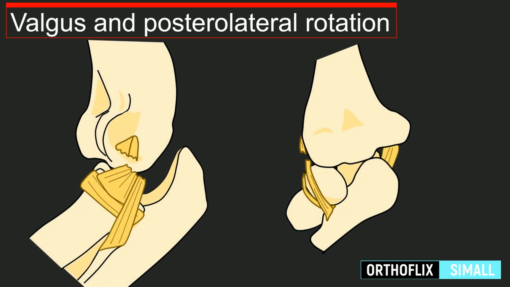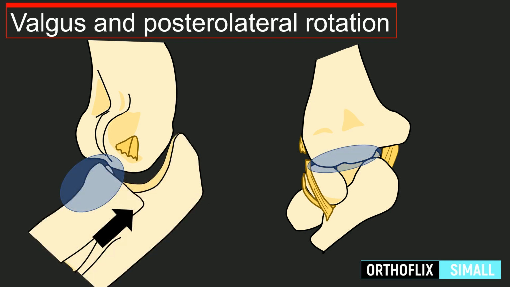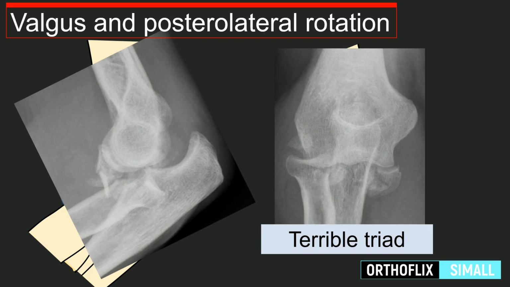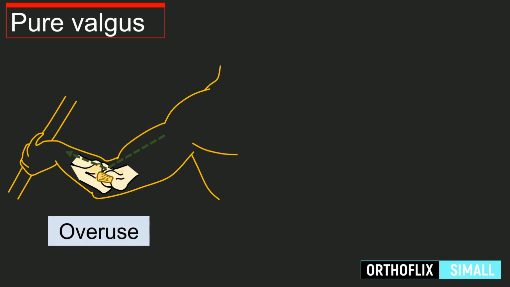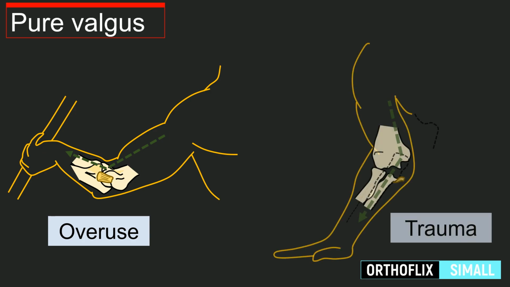Now within this same mechanism, when the coronoid process is perched, if there is not enough flexion and the resultant force is strong enough posteriorly, a fracture of the coronoid process and the radial head will probably happen, and this will generate a terrible triad injury. Pure valgus instability may happen because of overuse in throwing athletes, or simply by trauma with a direct valgus load.